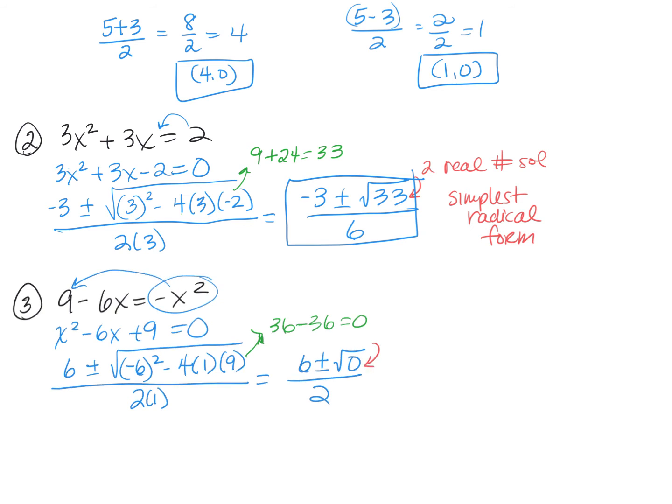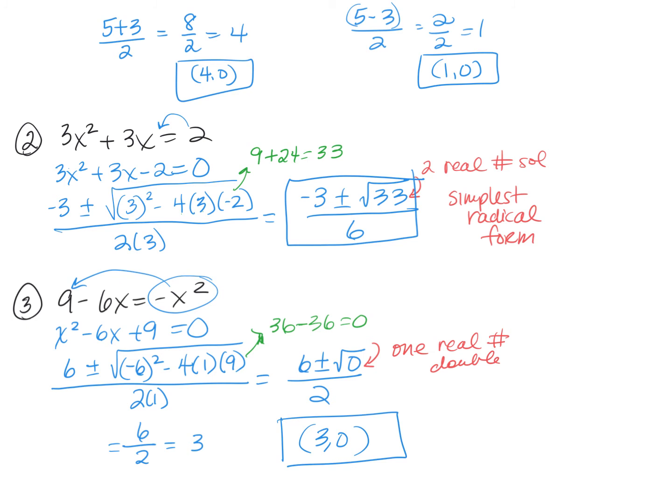If it's 0 under here, it means that there is one real root, real solution, but it's a double solution, okay? So I need to finish this out. So I'm going to have 6 over 2, which is what, 3? So (3, 0) is my solution, and it's a double. So I need to write next to it, it's a double root, okay? Double root.